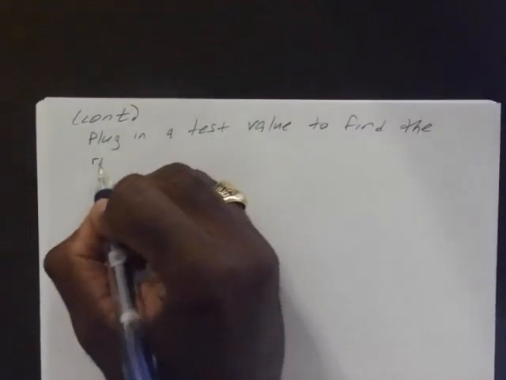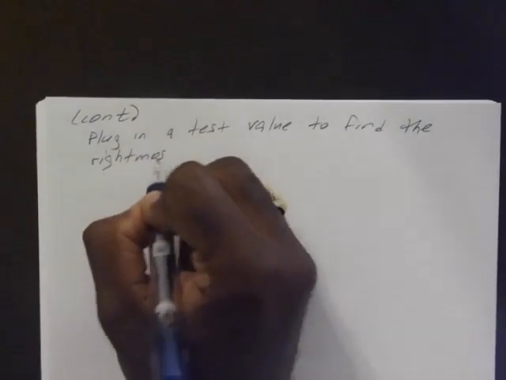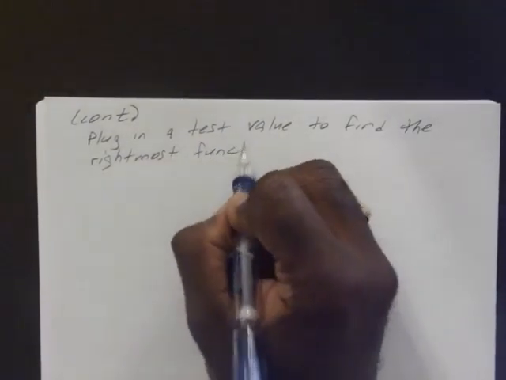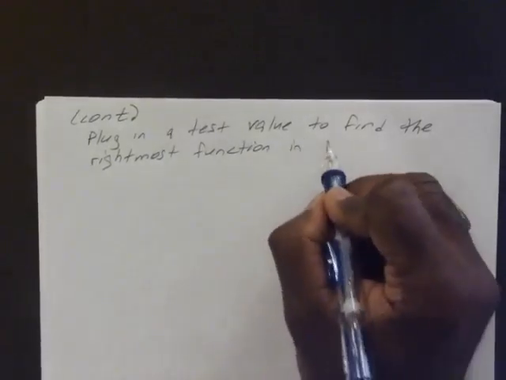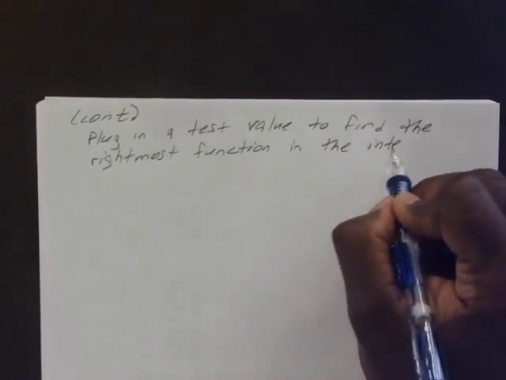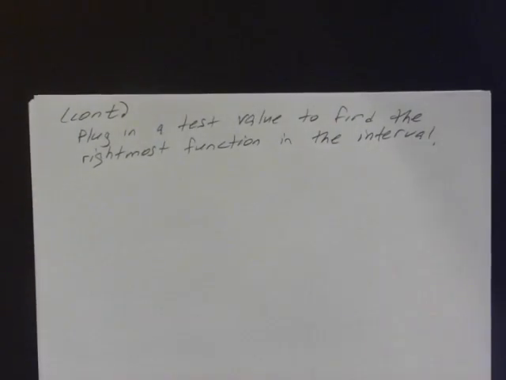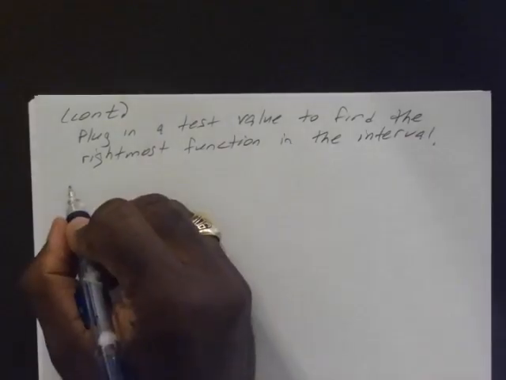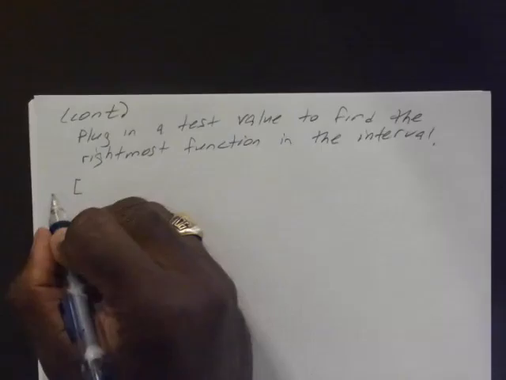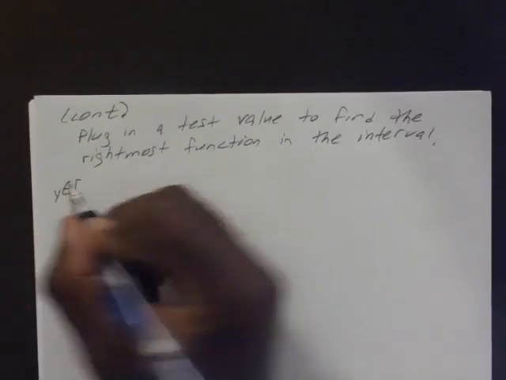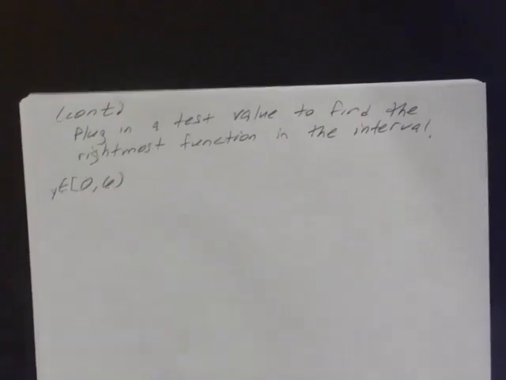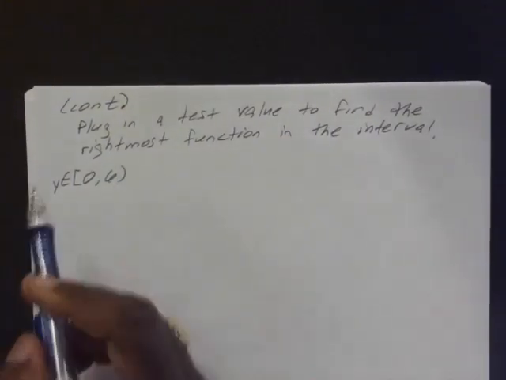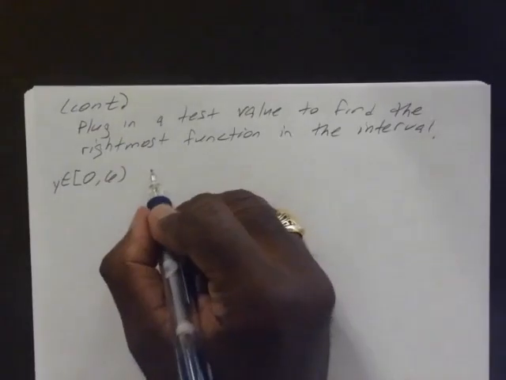Find the rightmost function in the interval. We know that y is an element of 0 to 6, from y equals 0 to 6. We can pick any number in there. Again, I'll just pick a test value.